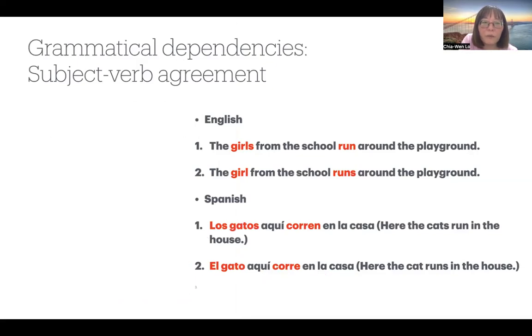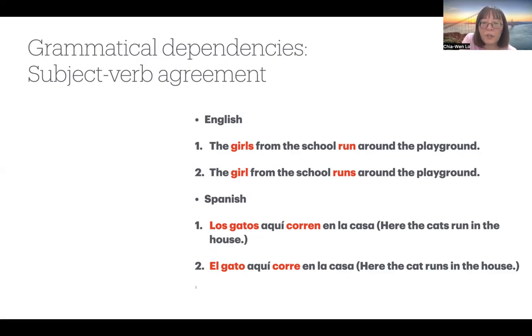So let's look at the first grammatical dependency, subject-verb agreement. In English, the noun phrase "the girls" has to agree with the verb "run," and if we have the singular noun phrase "the girl," it also has to agree with the verb "runs."